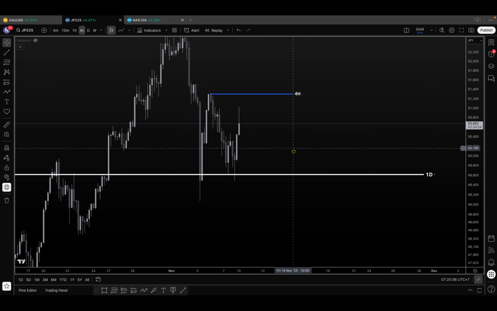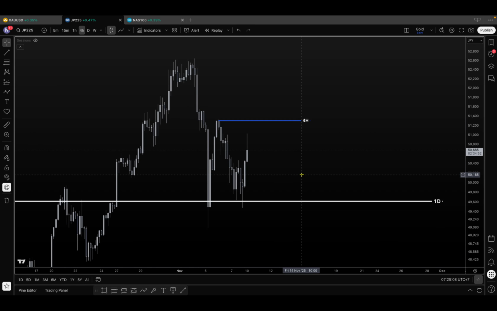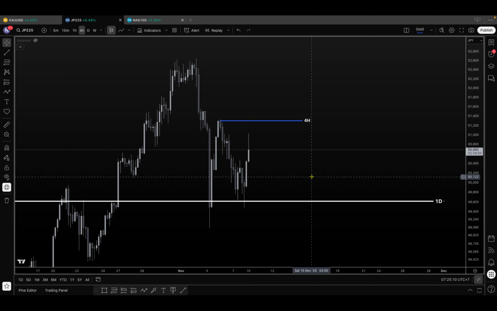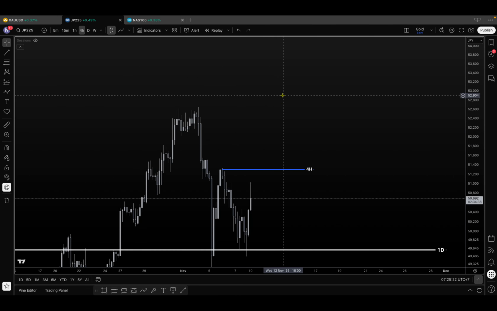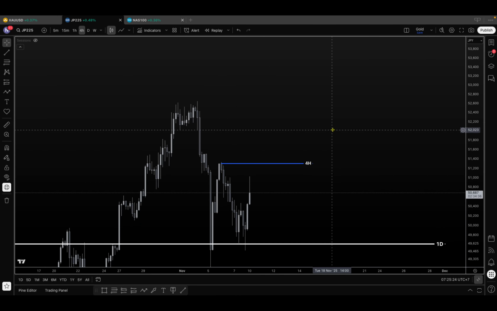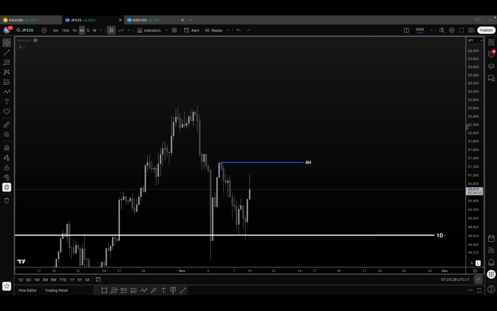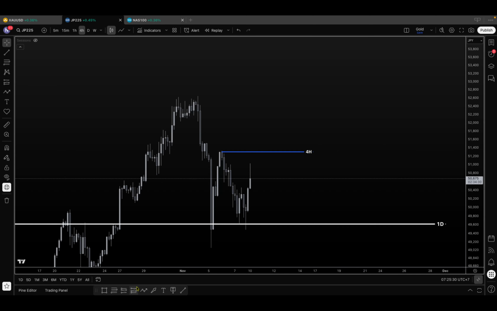So this is my trade on Nikkei, and I hope for the best. Hoping that it reaches here and breaks, and maybe gives me a much higher risk reward ratio.